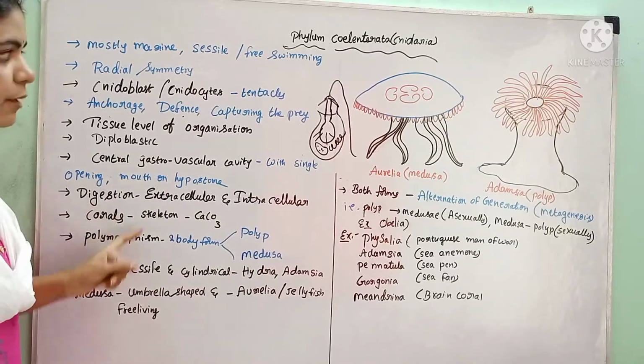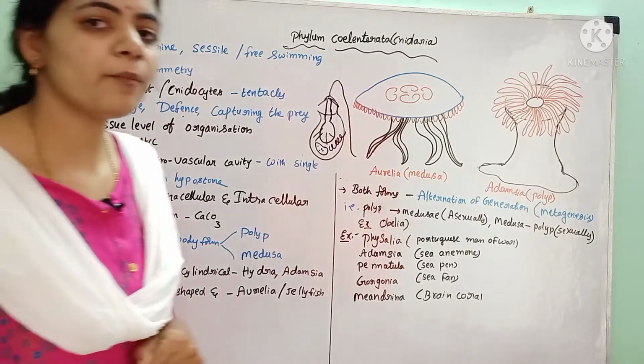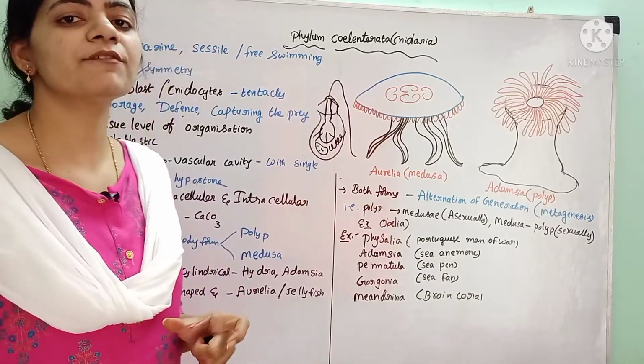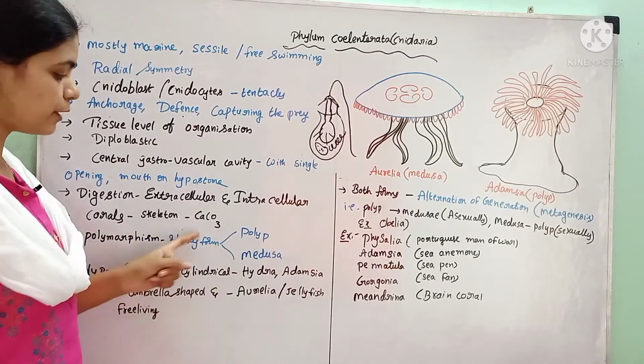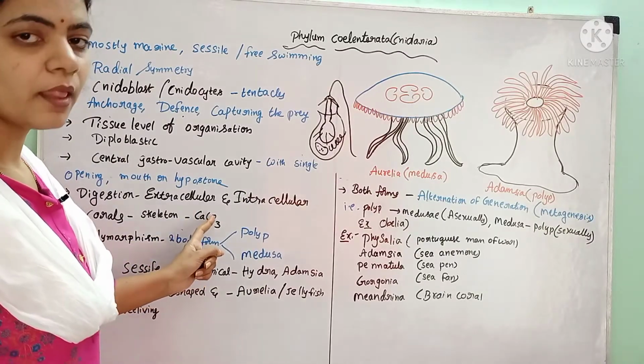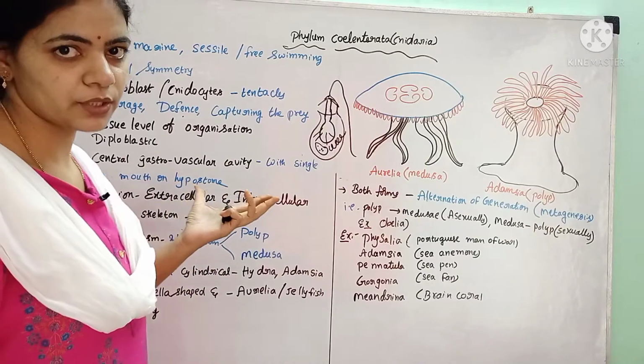And some of these coelenterates form coral reefs. Coral reefs means here the skeletons of these coelenterates are made up of calcium carbonate. So that is very hard in structure, right?